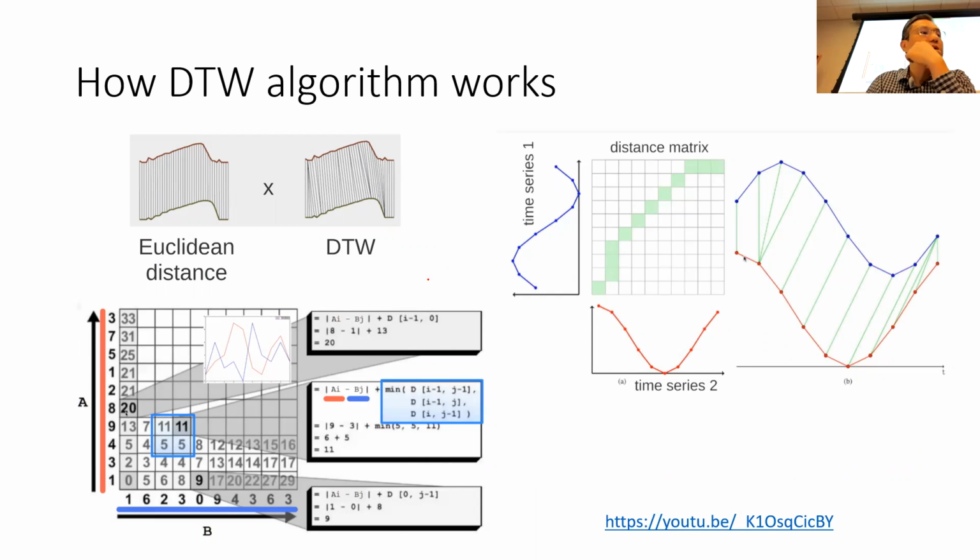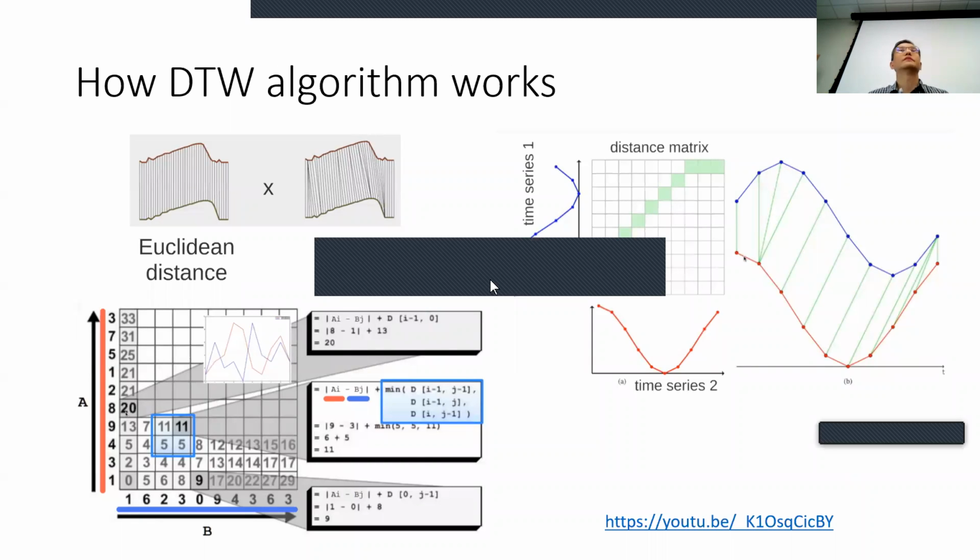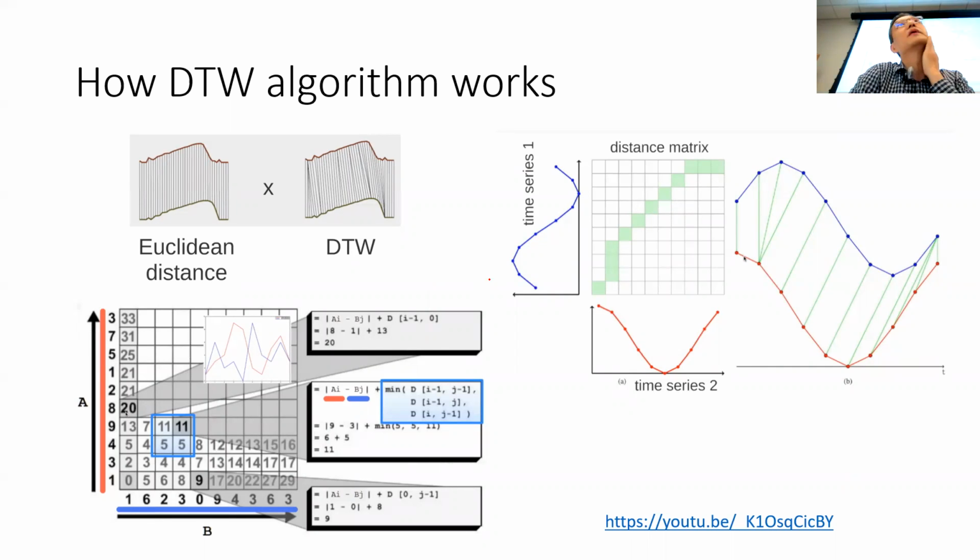Okay, so this algorithm is based on distance first. You build a distance matrix between two time series data, one is A and another is B. The data points in A and B will be put in the rows and columns.